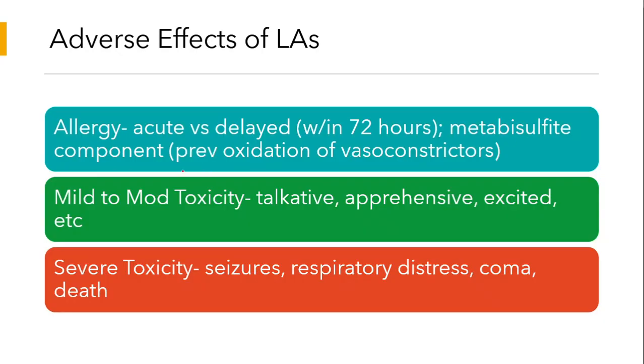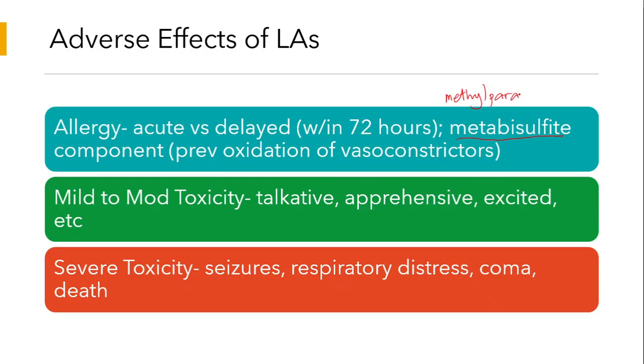Metabisulfite prevents oxidation of your vasoconstrictors. So the more allergenic ones would be those cartridges with vasoconstrictors. Okay? So allergy can be caused by metabisulfite, or it can also be caused by methylparaben.